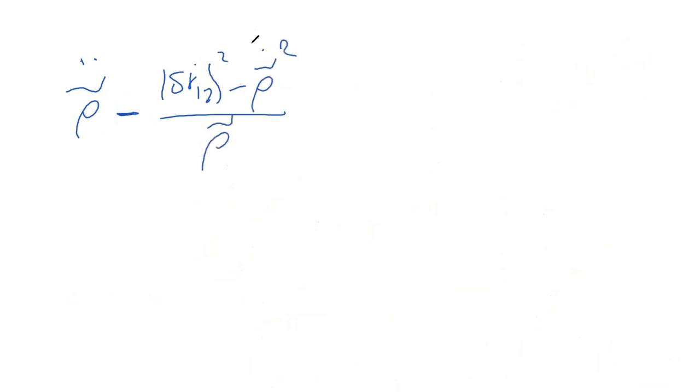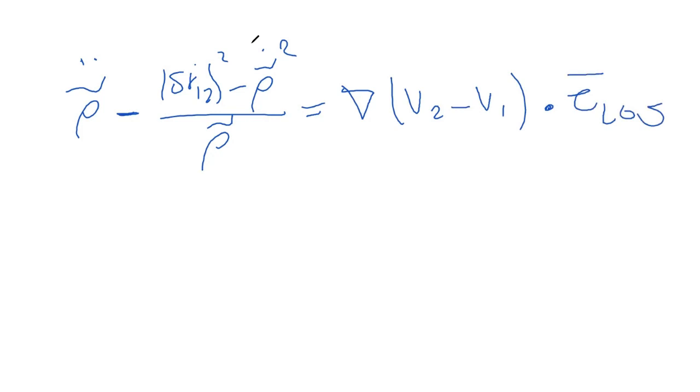So it will be rho double dot tilde, this is the acceleration, the value of acceleration, the derivative of this and the distance between, equals the gradient of V2 minus V1 multiplied by E LOS, line of sight. This one we already know.